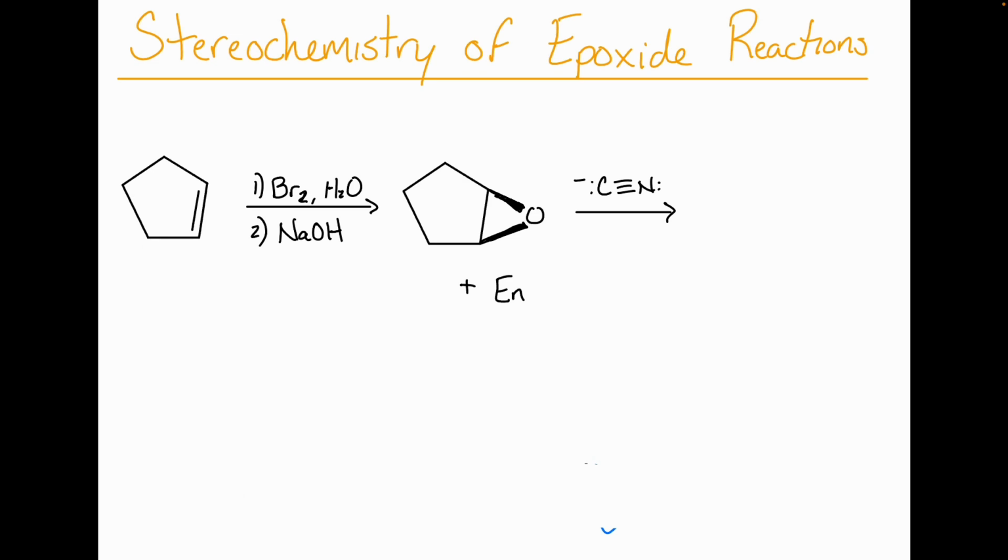So then when my nucleophile attacks, importantly, what do we call it again when we have our nucleophile attack and our leaving group leave all in the same step? SN2. And SN2 reactions are backside attacks. That nucleophile has to attack from the opposite direction of where my leaving group is.